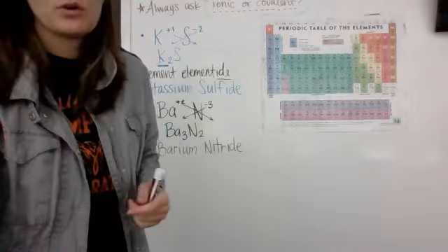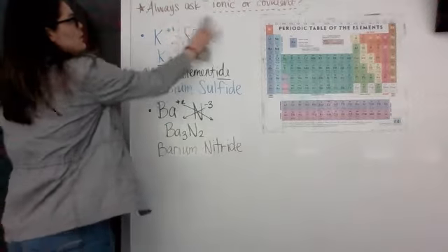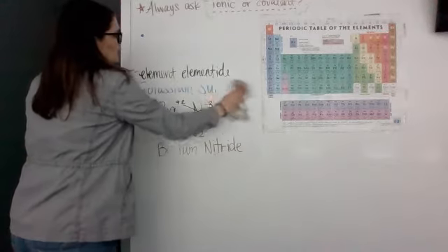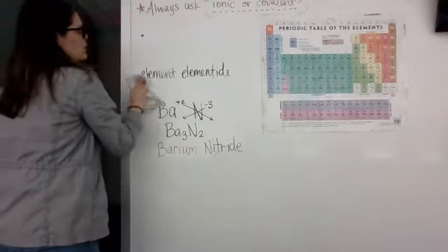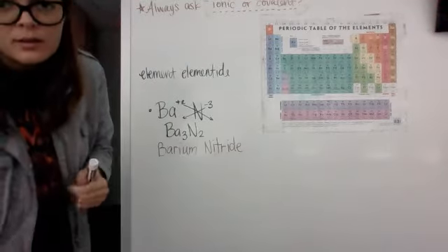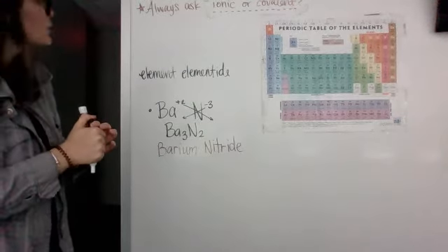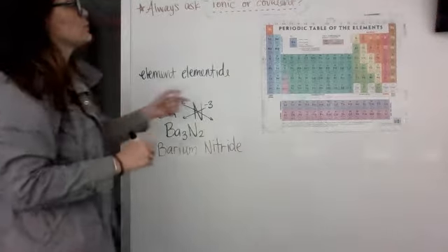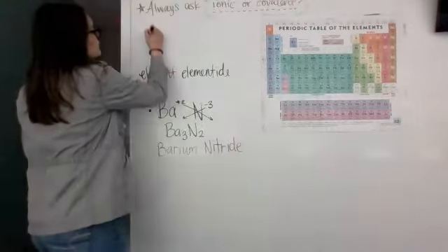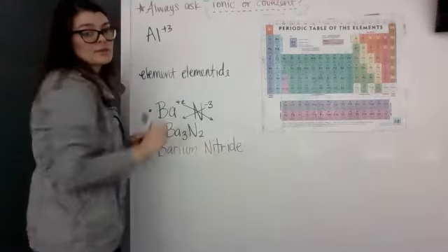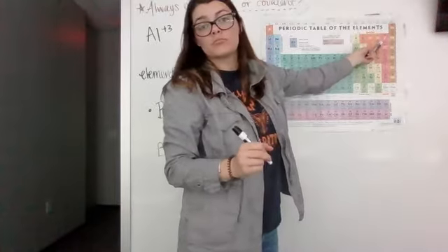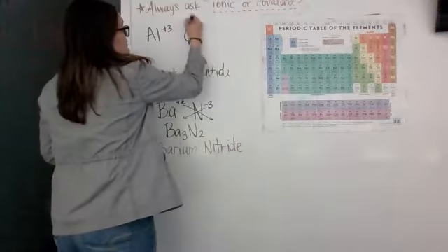Let's do one more. I'm going to erase this top one. If I give you something from group 3, let's say aluminum, it has a charge of +3. Then we can take another one, oxygen, which has a charge of -2.